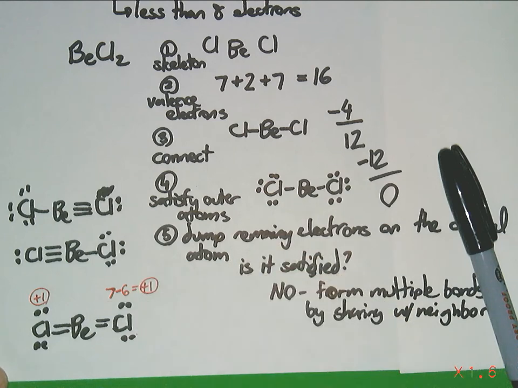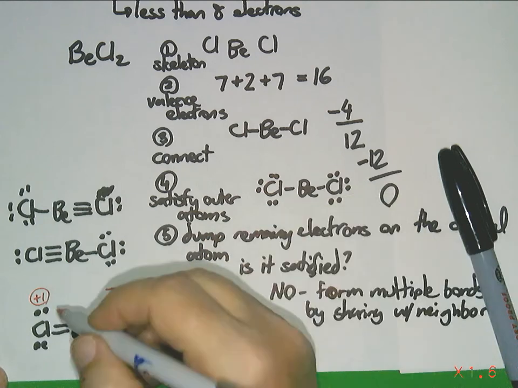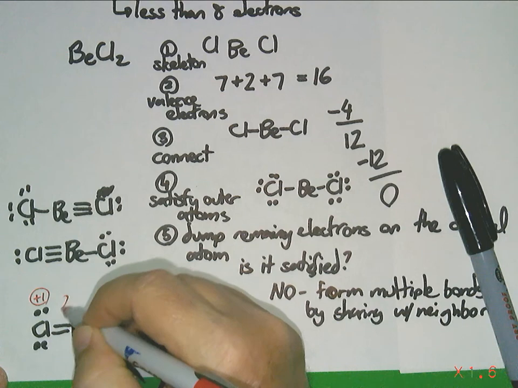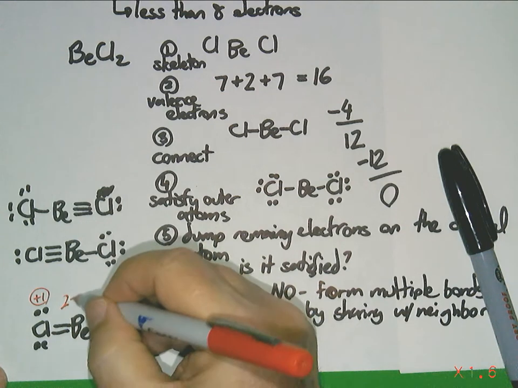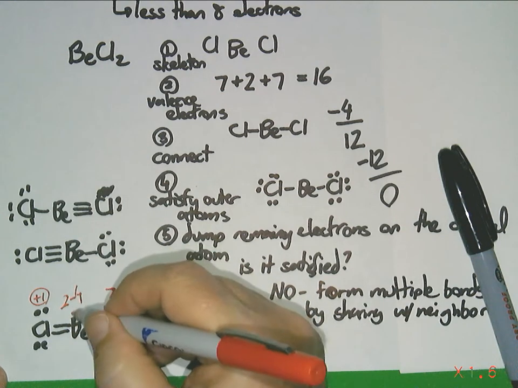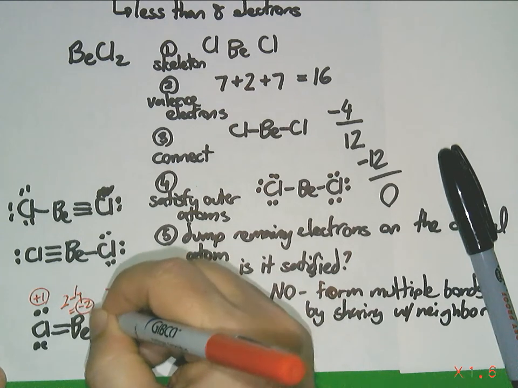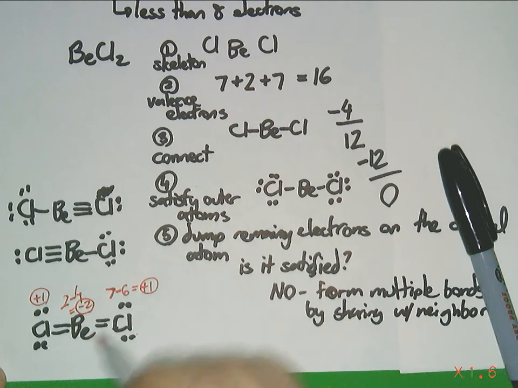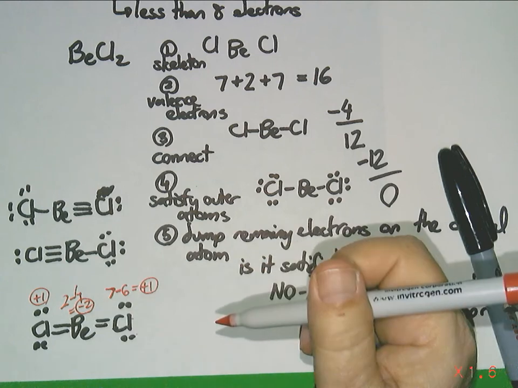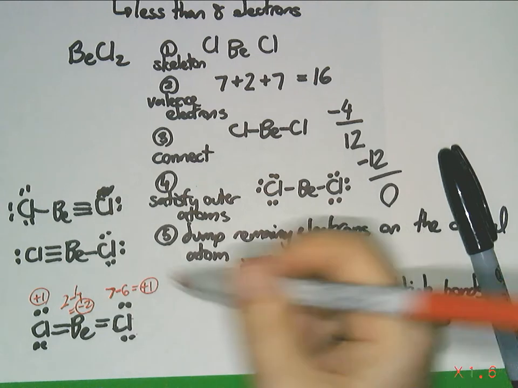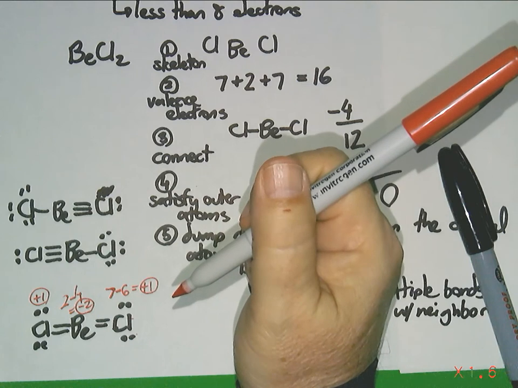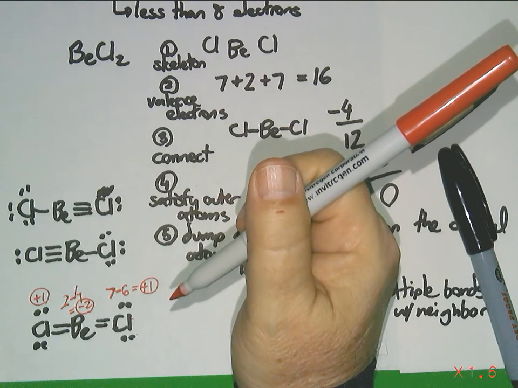And let's look at the beryllium. On the periodic table it has 2 valence electrons minus 4, which is going to be minus 2. So this has a minus 2 formal charge, and these have plus 1s. Those are high overall formal charges. It's not so good with these structures either.